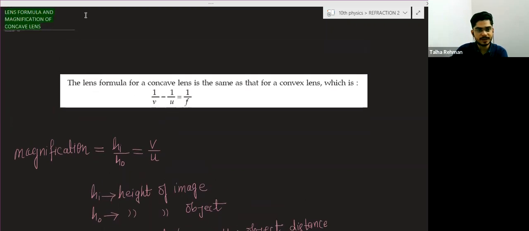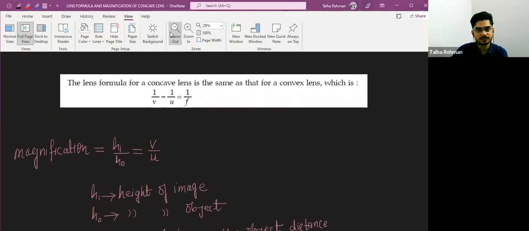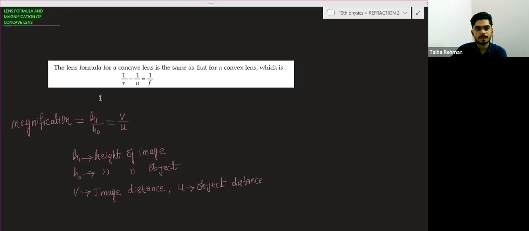Just write down the heading: lens formula and magnification of concave lens. So the lens formula and magnification is the same for the concave and the convex lens.